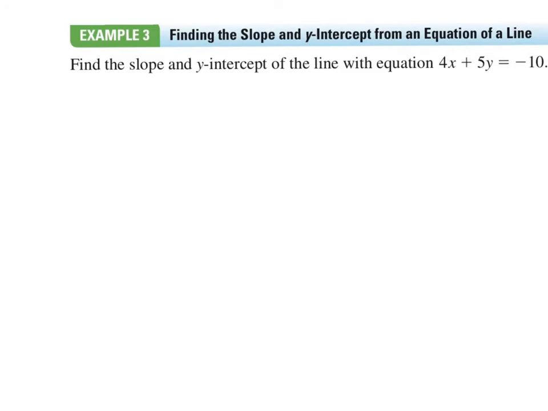Alright, here's an example. It says find the slope and y-intercept of the line with the equation 4x plus 5y equals negative 10. Alright, one way to do that is by getting it into slope-intercept form. So if we subtract 4x, that cancels out on the left-hand side, so we're left with 5y equals negative 4x minus 10.